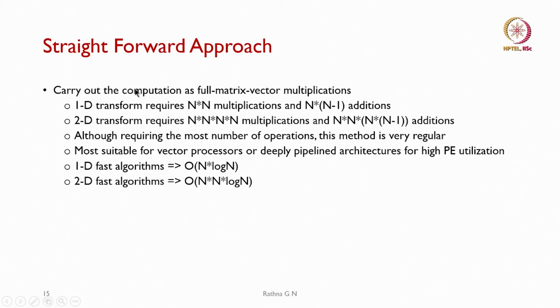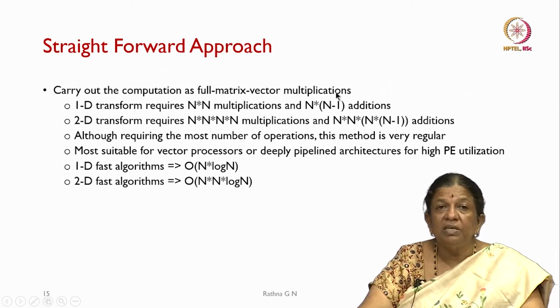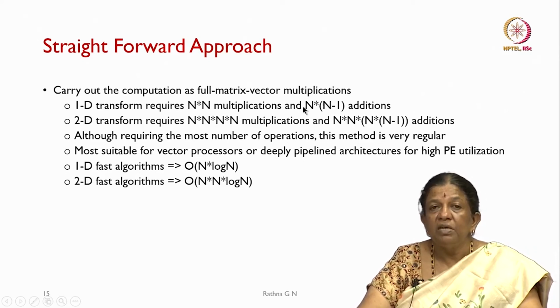Now, why do we have to use this? Carry out the computation as full matrix vector multiplications. We know that the 1D transform requires n into n multiplications, which is nothing but order of n squared multiplications, and n into n minus 1 additions, so this is also order of n squared.